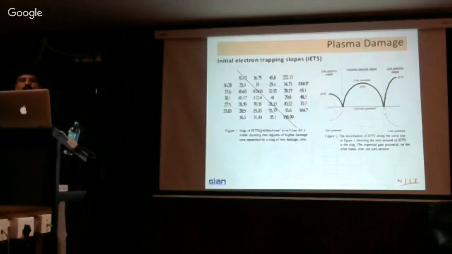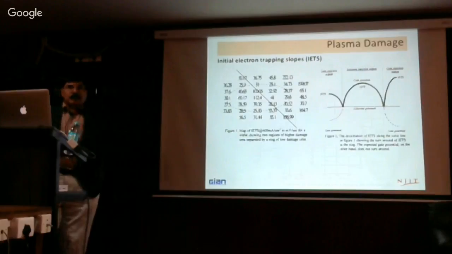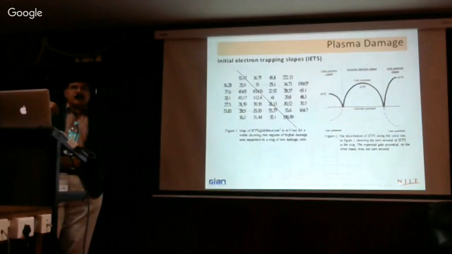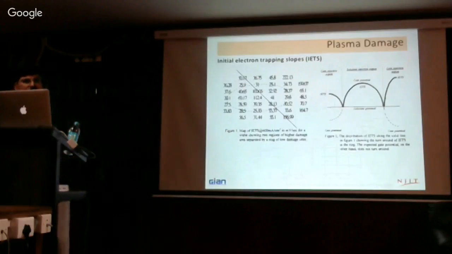You give a small current to the dielectric and see how it changes. These are actually transistors. We stress the transistors and follow how the leakage current changes. In the initial stress there is a current slope you can calculate. Just a simple experiment.